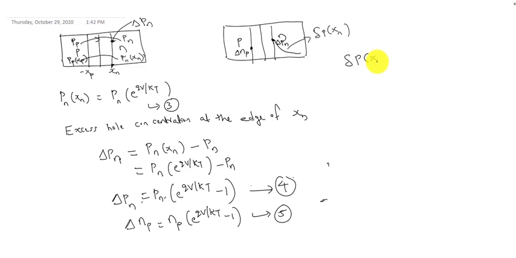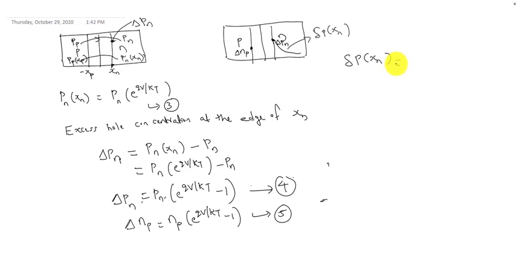So we have found out the value of delta Pn. That delta Pn will undergo diffusion, and from the solution of the steady state diffusion equation, the resulting hole concentration can be evaluated.